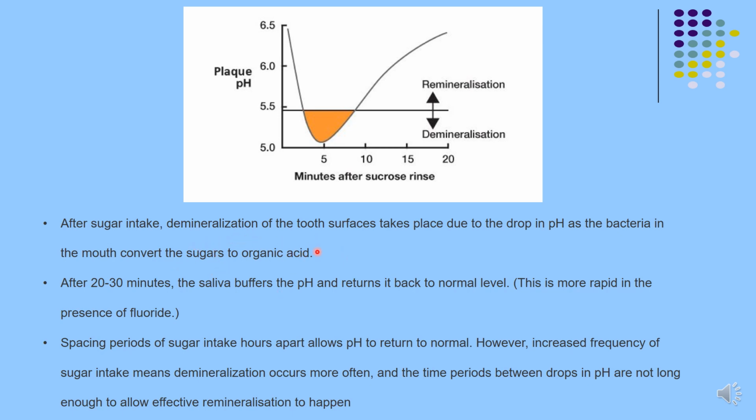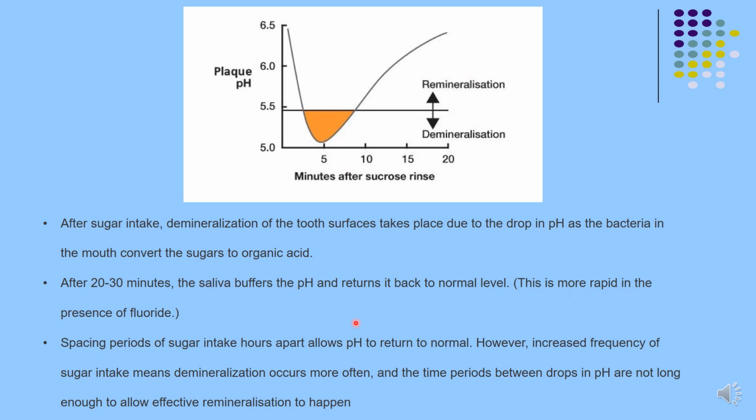Now, this is all because of the fermentation of sugars by the microorganisms that are present, primarily Streptococcus mutans species, giving rise to organic acids such as lactic acid, which drop the pH of plaque rapidly. So after 20 to 30 minutes, the saliva buffers the pH and it returns back to normal levels.